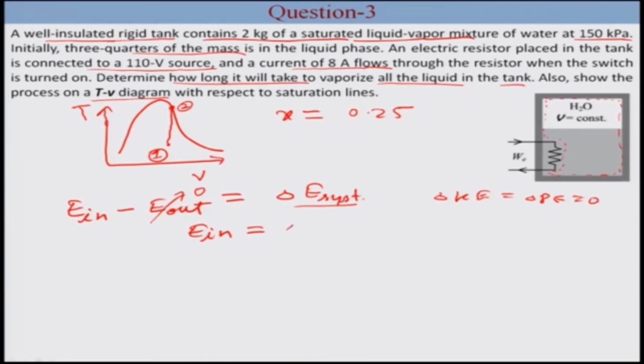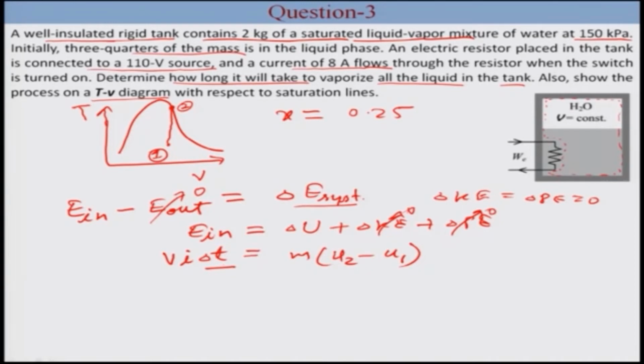Delta E system is nothing but the change in internal energy, so only the internal energy of the system will change, which is mass times change in specific internal energy. Energy in is nothing but the energy coming from the resistor, which is V times I times delta t. So the total energy during this interval will be V I delta t. We have to find this delta t.